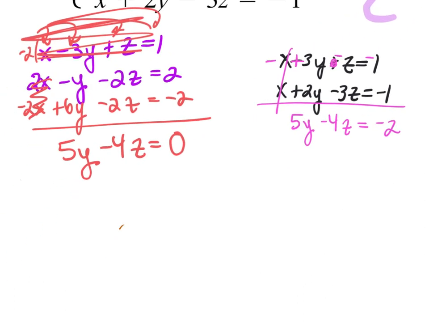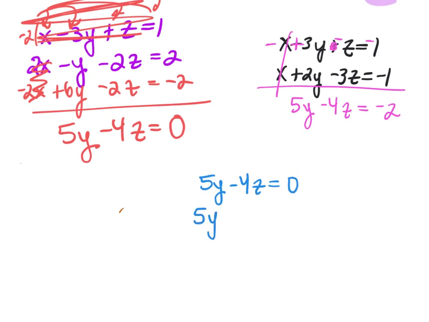Okay, so now I have these two. I already have an equation that has 3 variables. I already have an equation that has 2 variables. I need my last equation to have just 1. So I'm going to combine these two. 5y minus 4z equals 0. 5y minus 4z equals negative 2. How do I combine them? What do I have to do? Okay, multiply with negative.